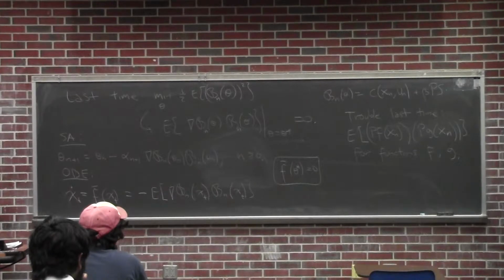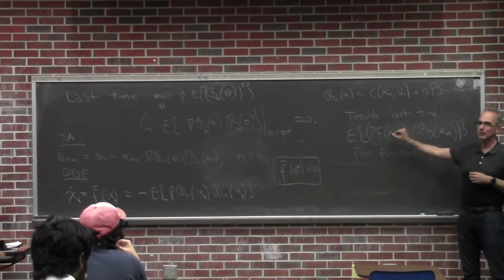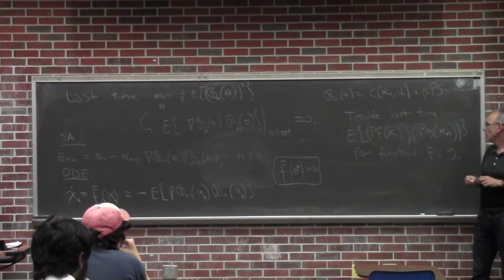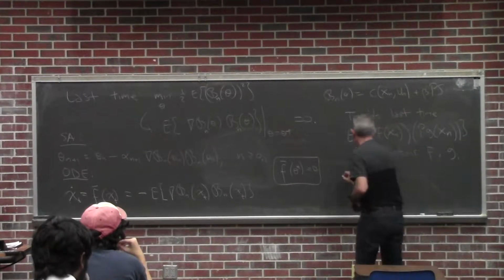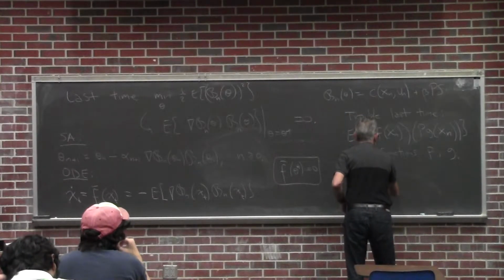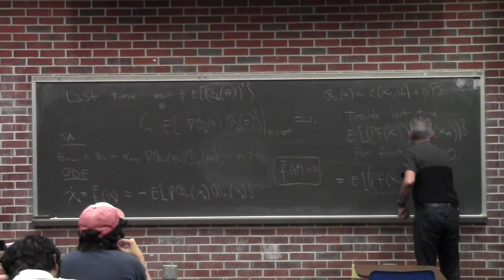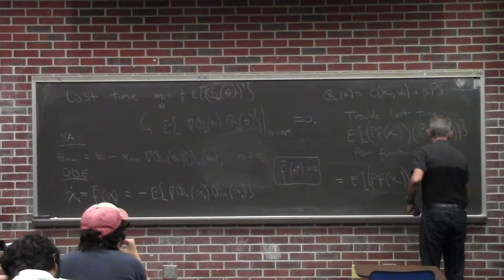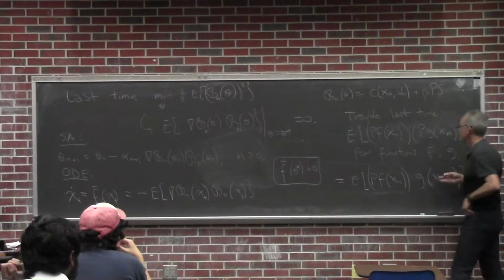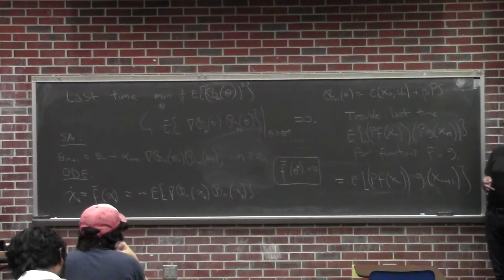I'm trying to recall what the issue was last time: we had a pf and a pf multiplied together, and we were able to go one step. This was equal to the expectation of pf of xn times g of xn plus 1. Again, it's a slightly more complicated situation because we're looking at the joint chain of xn and un, but it's a specific example of qn.